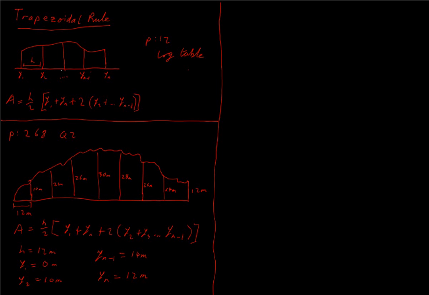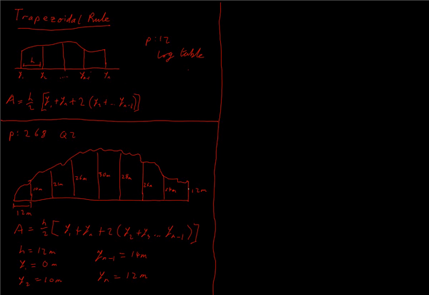So our y2 is our second length, our y3 would be our third length, and we keep on going however long the shape is, however many of these lengths we've got. And when we come to the very end, we call that length yn. In this case, yn is 12. It's our last length. If we remember back to our series questions, n was the number of terms in our list, and it means basically the same thing here.